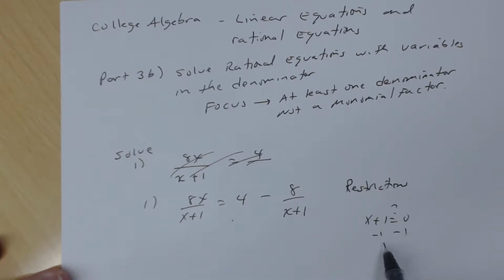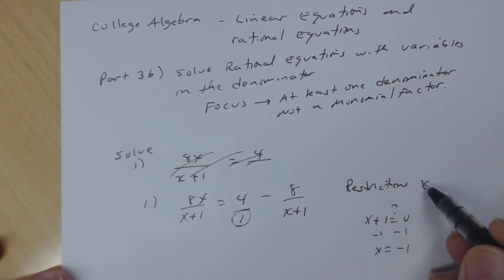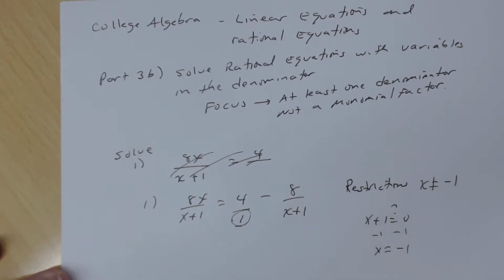So I'm going to subtract 1 from both sides, so I get x to be negative 1. So when x is negative 1, check yourself. Negative 1 plus 1 is 0. And we don't have to check this one because this denominator is never going to be 0, it's always going to be 1. So the restriction is that x cannot equal negative 1. So find out what makes the denominator 0, and that's your restriction.